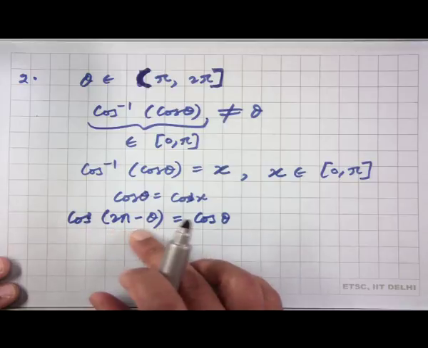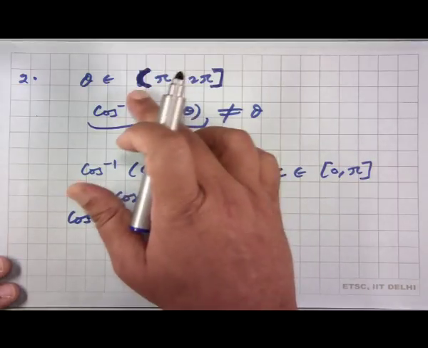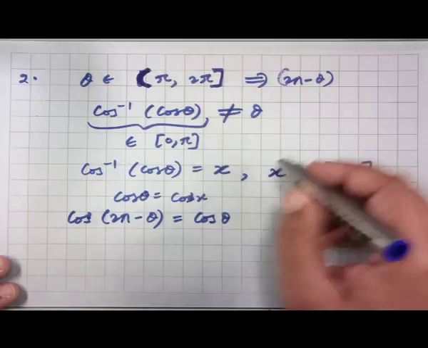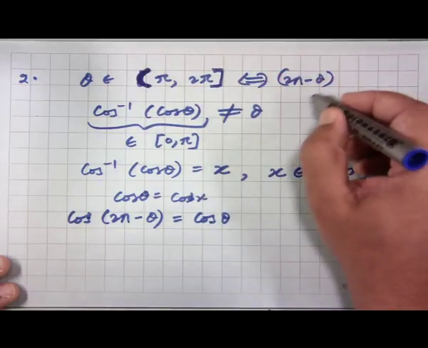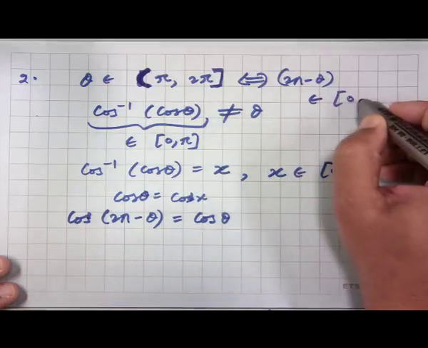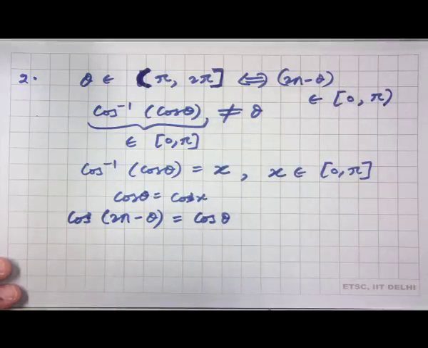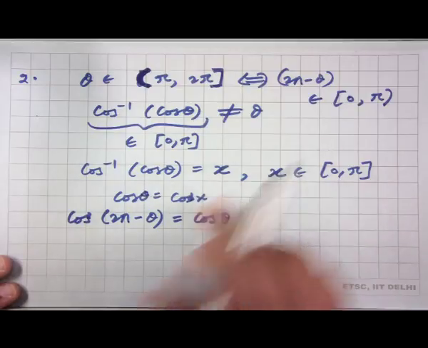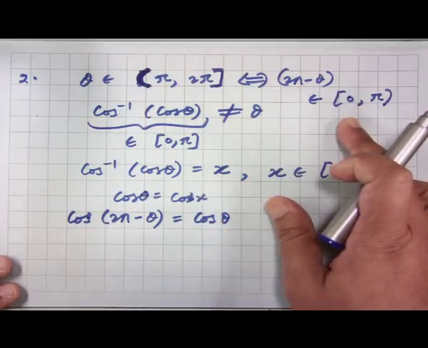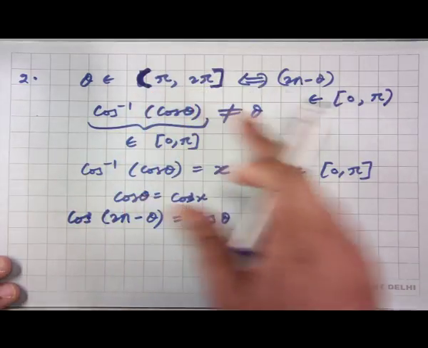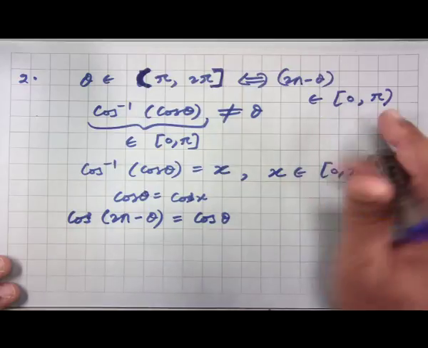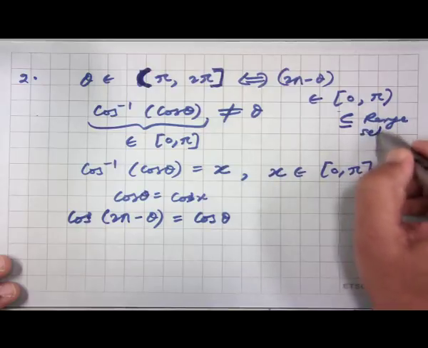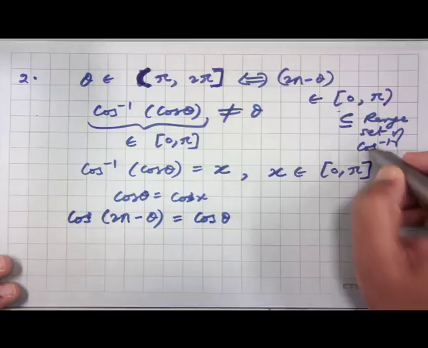The reason we took 2 pi minus theta is that if theta belongs to pi to 2 pi, then 2 pi minus theta belongs to the interval 0 to pi, and this interval is a subset of the range set of the cos inverse function.